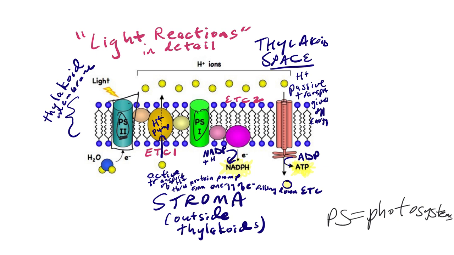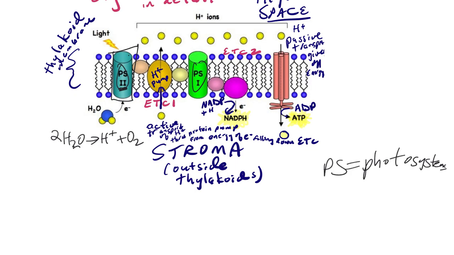So, let's go back. Why is water getting split and forming hydrogen and oxygen? So let me balance it here, 4 right there, and that's it.